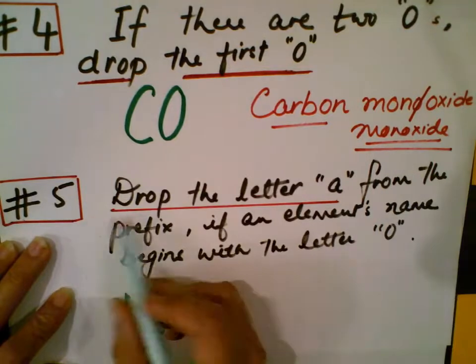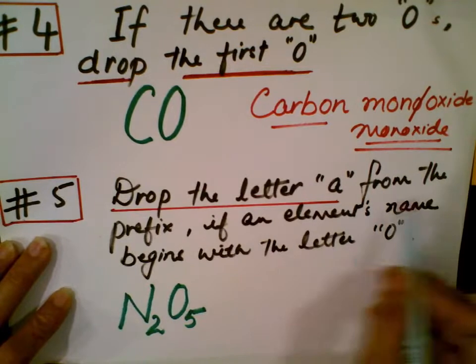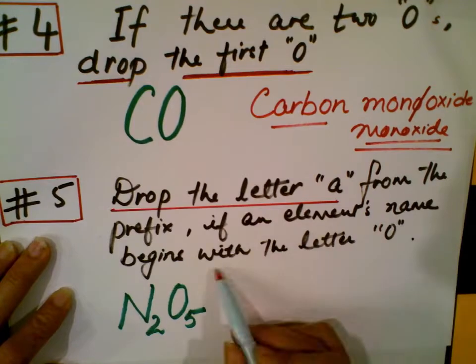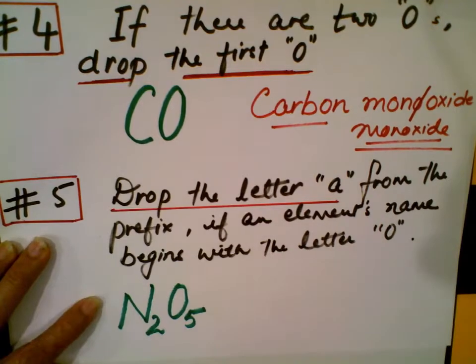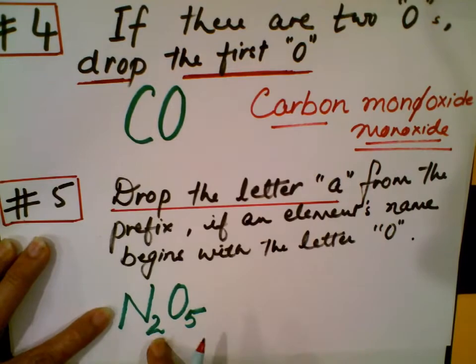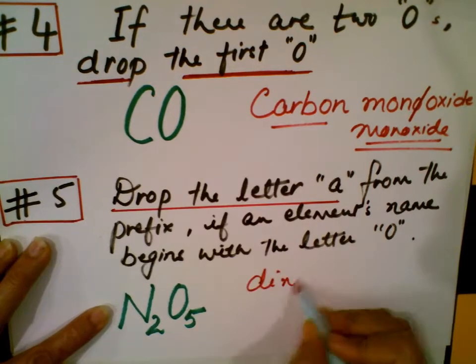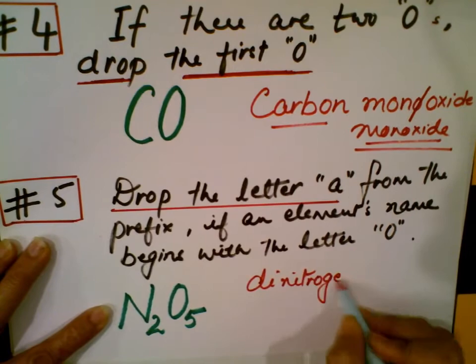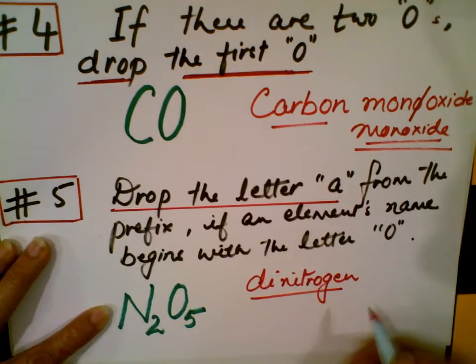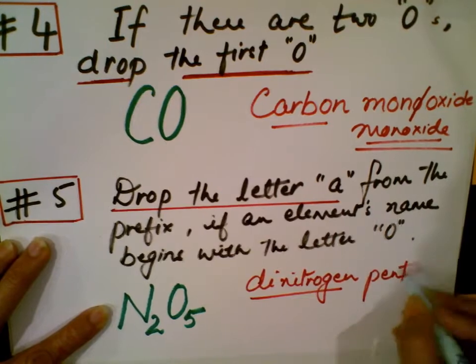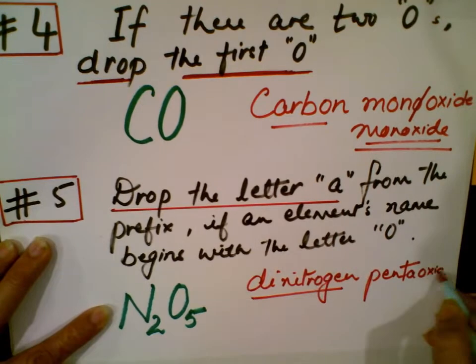Rule number 5, drop the letter A from the prefix if an element's name begins with the letter O. So here you have 2 nitrogen, so dinitrogen. You have 5 oxygen, so 5 is pentaoxide.